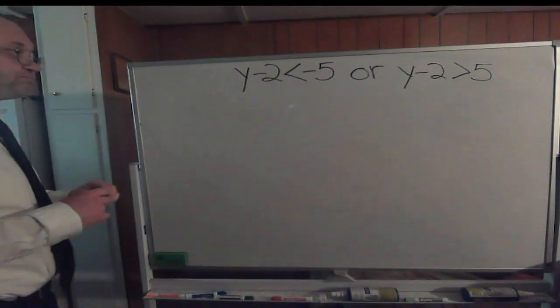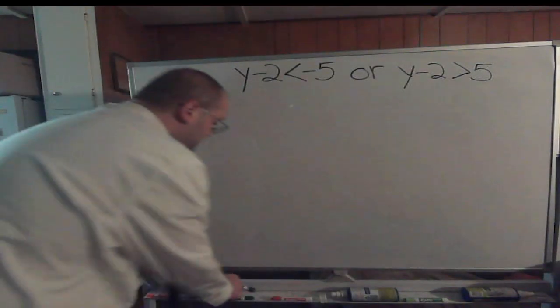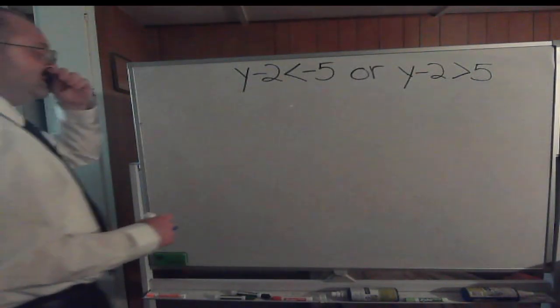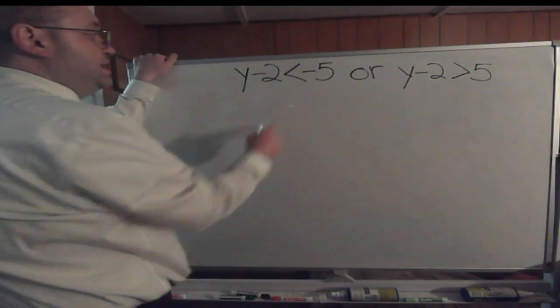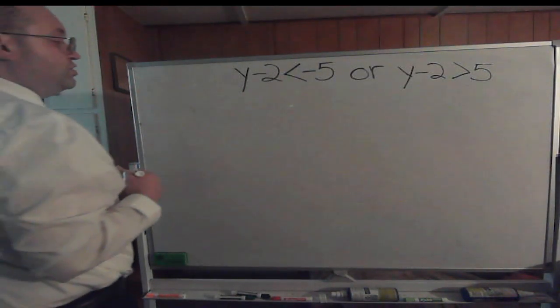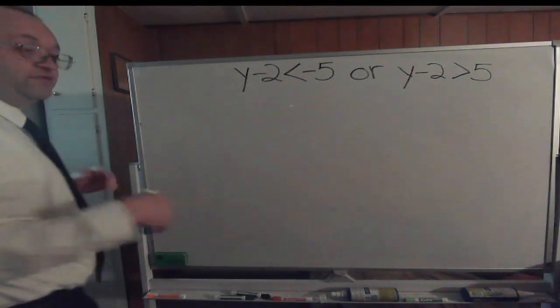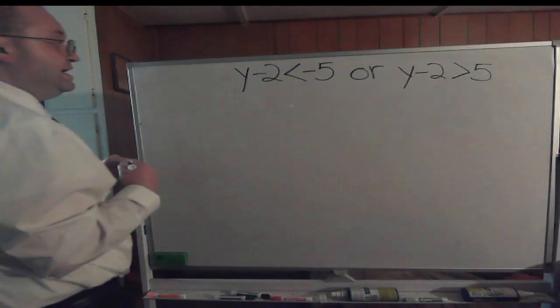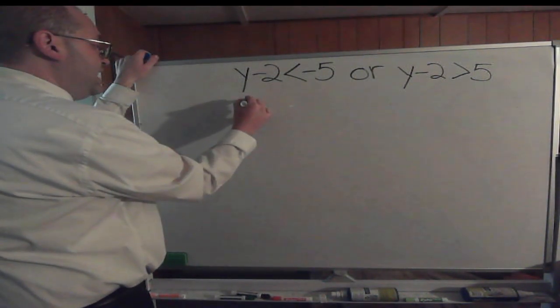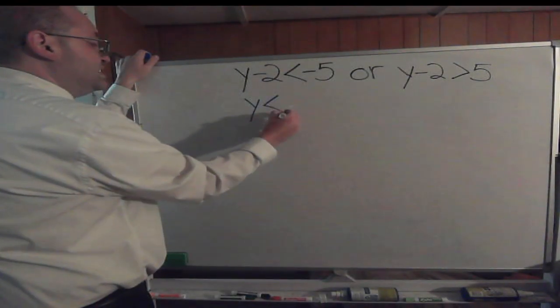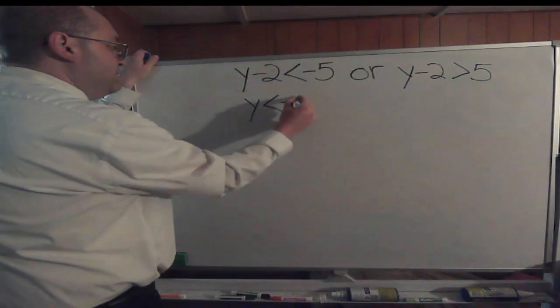So you're going to solve these problems largely like you would solve a normal inequality. Focus on one at a time. So you want to get the y by itself, you have y minus 2 you need to add 2. So if I add 2 to both sides of this inequality, I'll get y is less than negative 5 plus 2, that'll be negative 3.